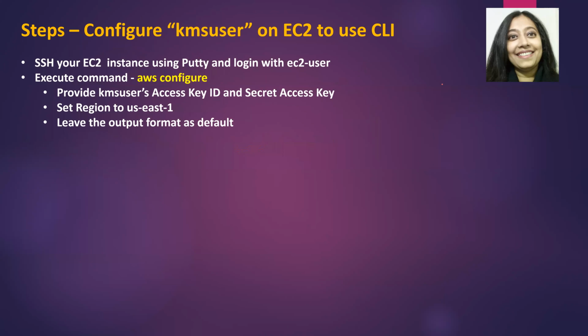Next, the next thing that we are going to do is we are going to configure this KMS user on our EC2 instance so that it can use CLI. And how are we going to do that? We are going to SSH into our EC2 instance using PuTTY, and we are going to log in leveraging the EC2-user. And then after that, we are going to execute this AWS configure command.